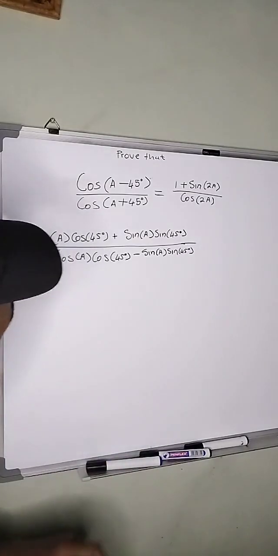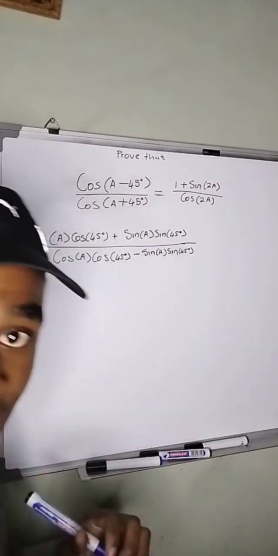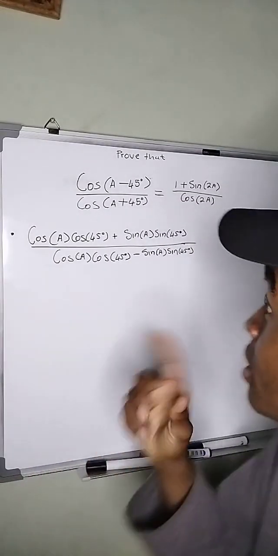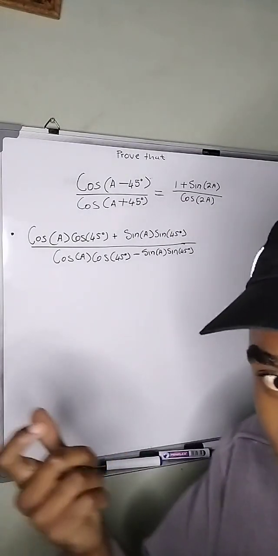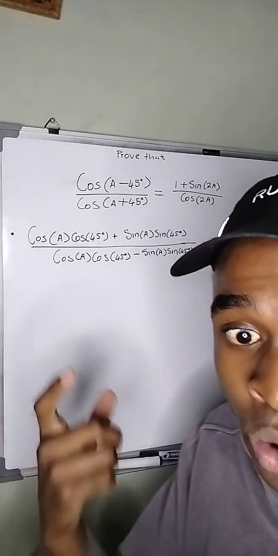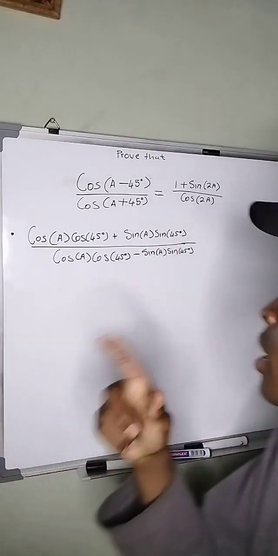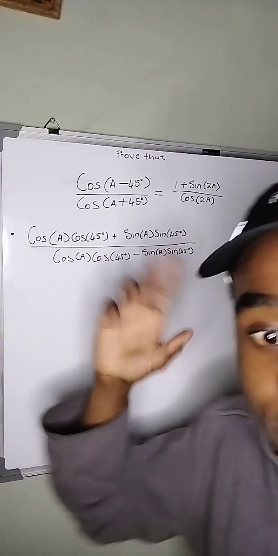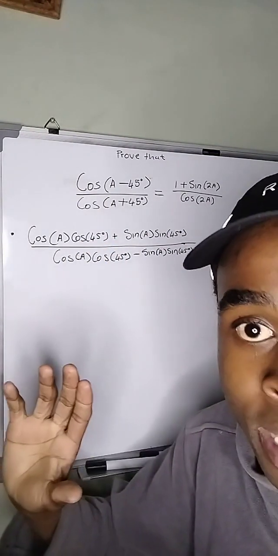So now, guys, do you see the compound angle of the cos? It is tricky, guys. It's not like the sine one. For the sine one, if here it's plus, here it's going to be plus, and if it's minus, it's going to be minus.